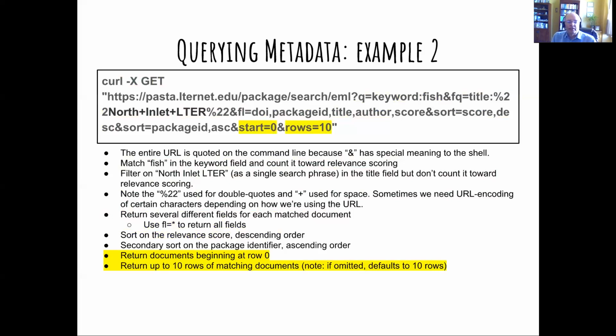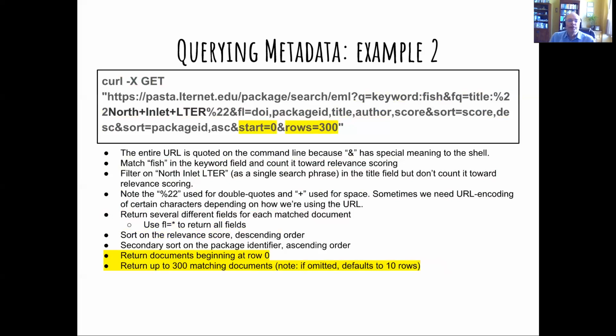This is, in fact, exactly how the EDI data portal behaves. If you omit the start and rows parameters, start equals 0 and rows equals 10 are the default values, so that is what you'll get back every time you rerun the query.